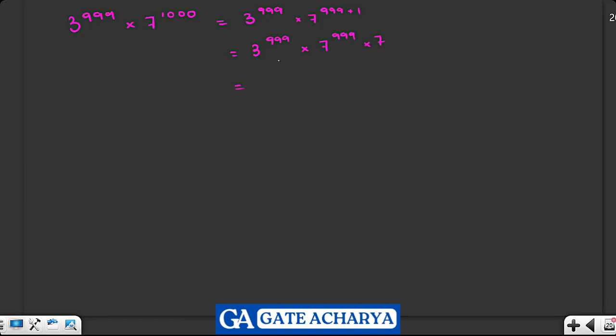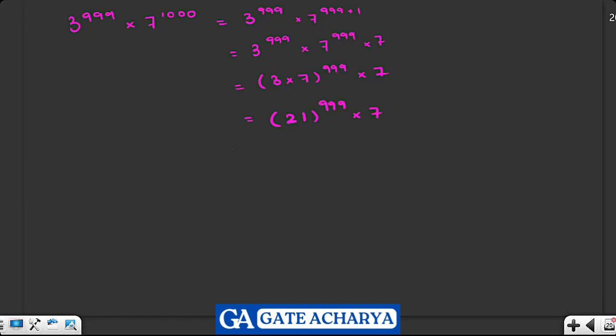Now, these two portions can be taken common. This can be written as 3 into 7 raised to 999 into 7. So this is working out to be 21 raised to 999 into 7.